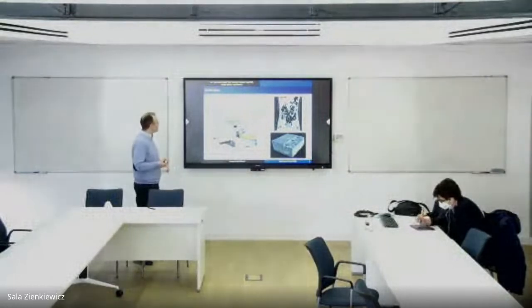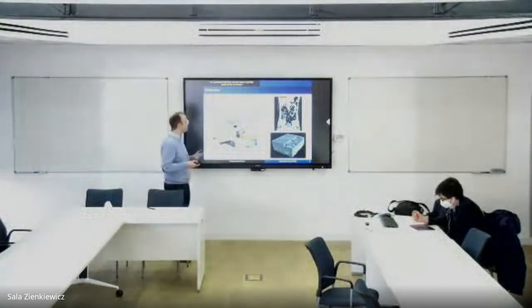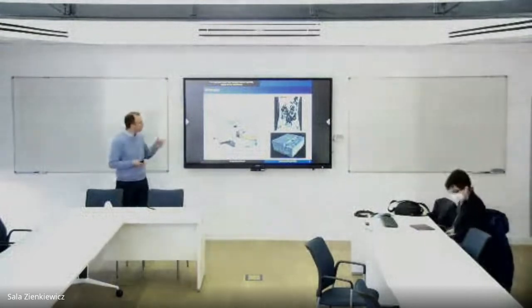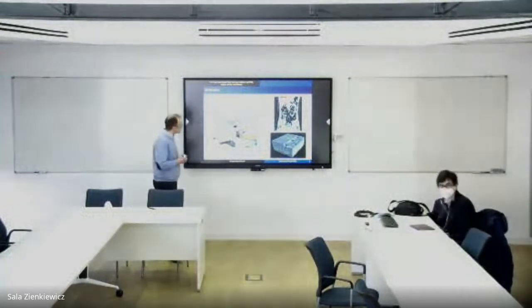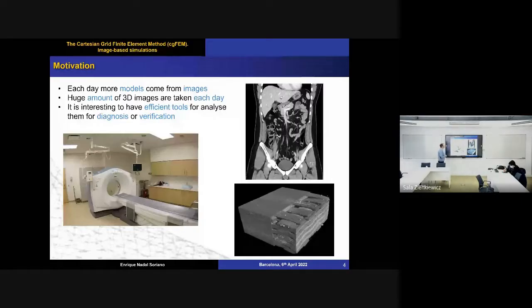And we want to develop efficient tools for the diagnosis or even verification. We started this work following the line in medicine for the structural analysis of bones, where the information comes from CT scans, but it can also be extended to any image captured by a CT scan or something similar.